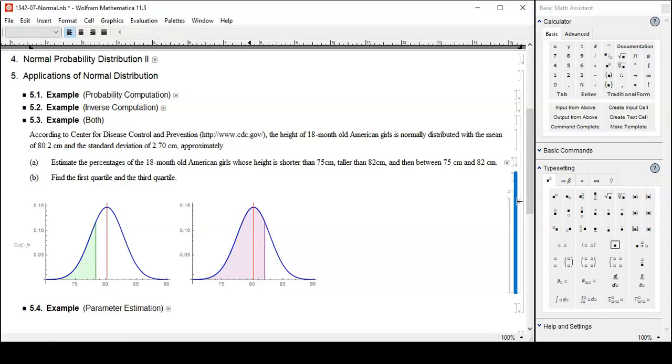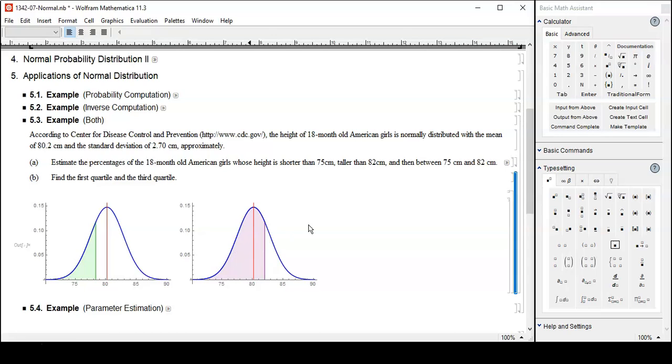The next problem. Find the first quartile and the third quartile. First quartile, okay, here this area is 1/4, 0.25. Look up the z-score associated to 0.25, the best estimation, and set up appropriate equation to find that x value. How about this one?